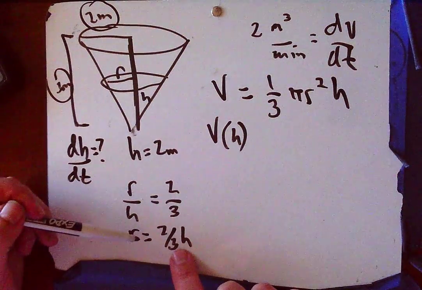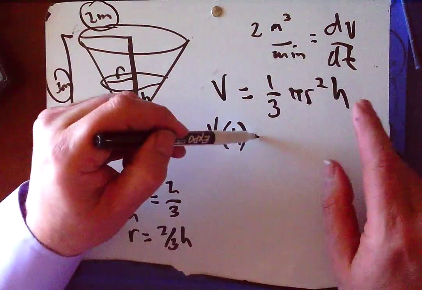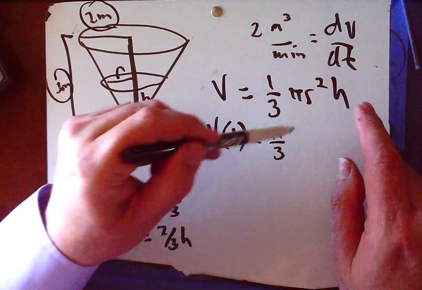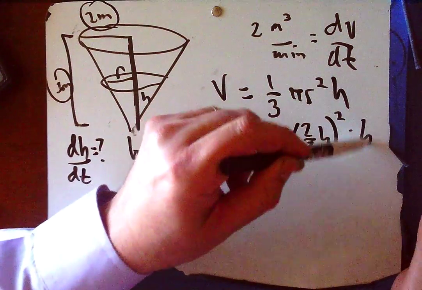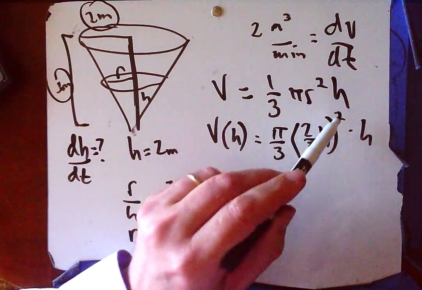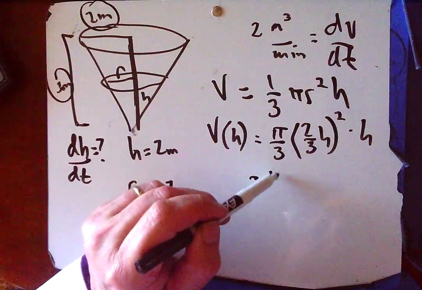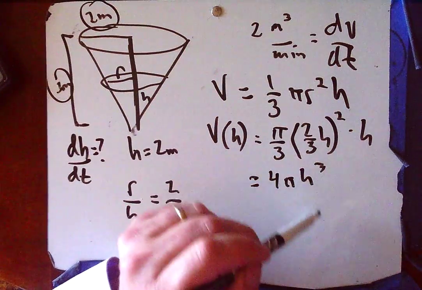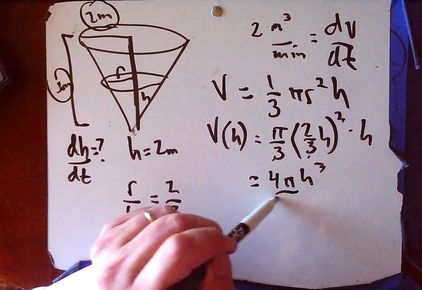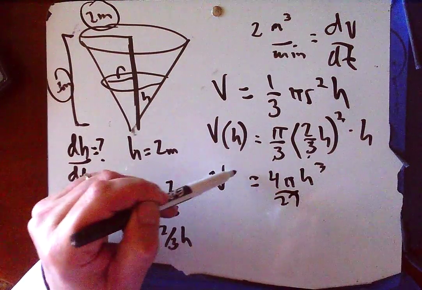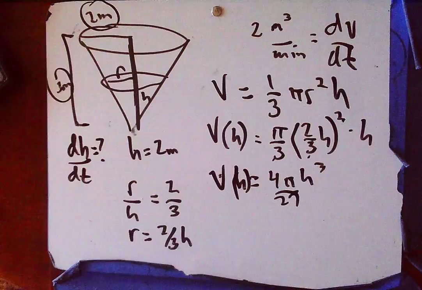And then we want to take this and substitute in it. So pi over 3, 2/3 h squared times h. So it's going to be 4 pi h to the third, squaring 3 is 9 times 3 is 27. So here's V as a function of h.